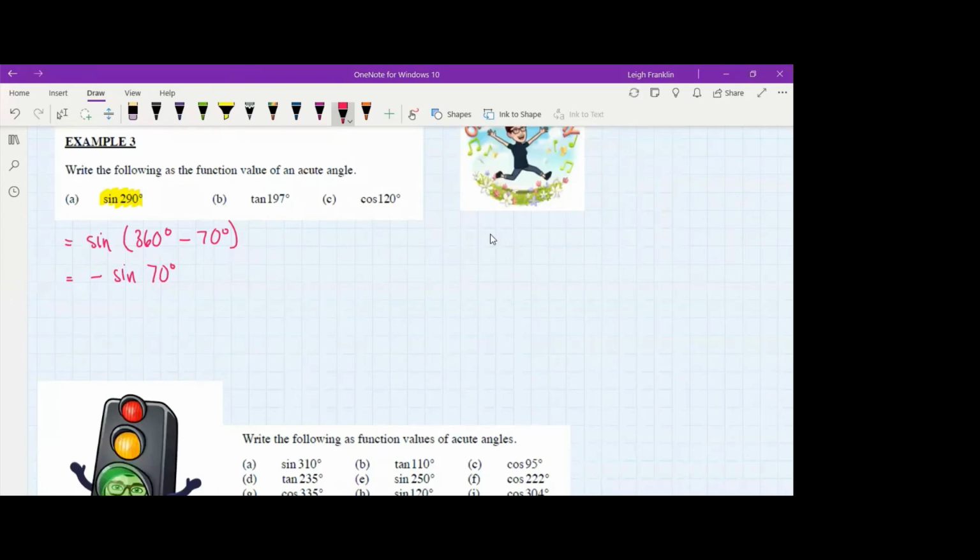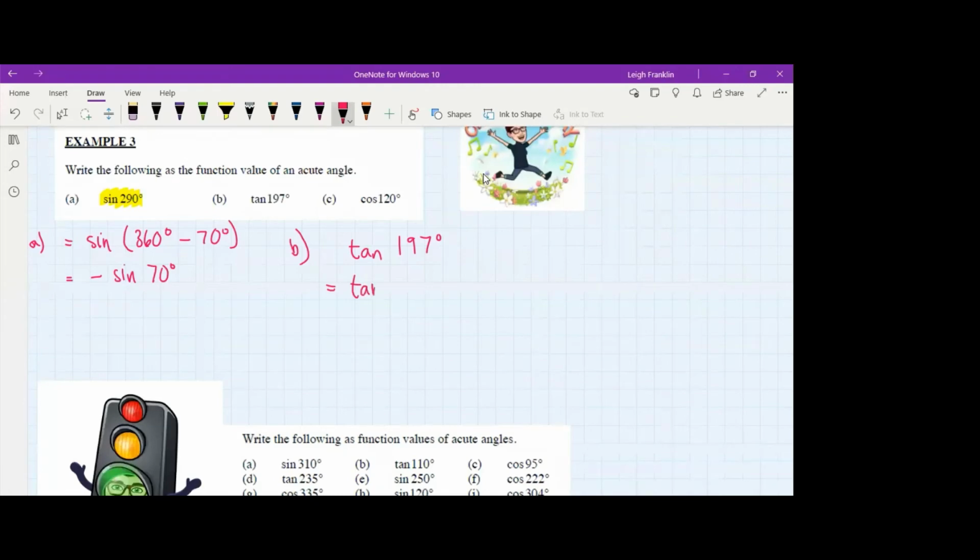That's it, quite right, Kiribone. All right, then part B: the tan of 197. Again, ask yourselves, what quadrant are we in? We are in quadrant 3. Quite right. So we've got to use 180 plus.